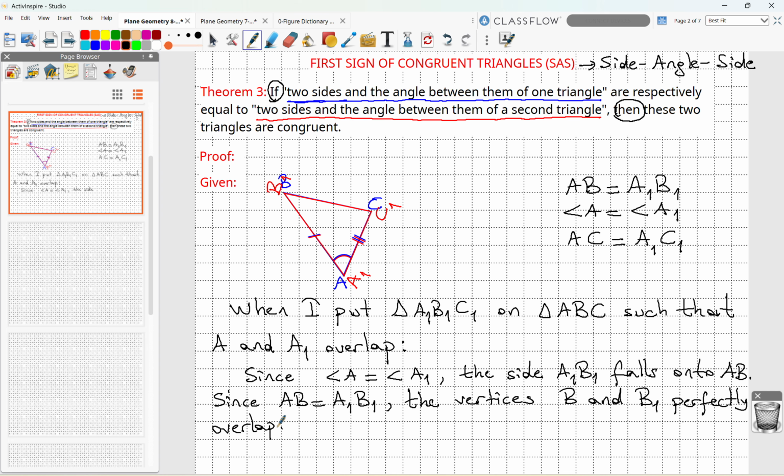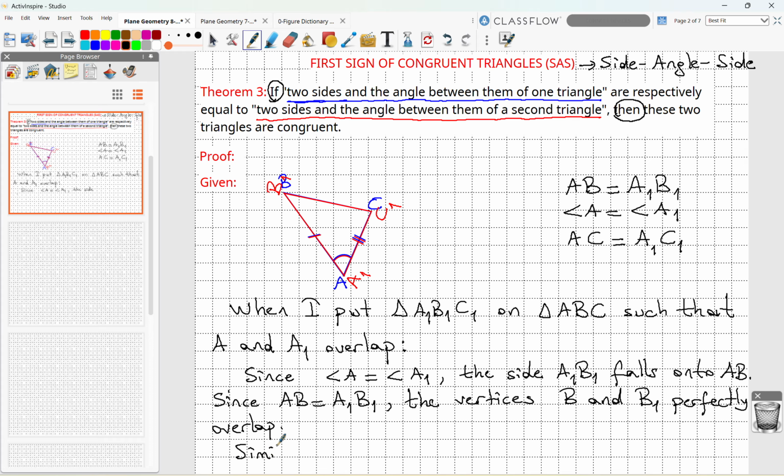Similarly, since the angles A and A1 are equal, the side A1C1 of the second triangle also falls onto the side AC of the first triangle.